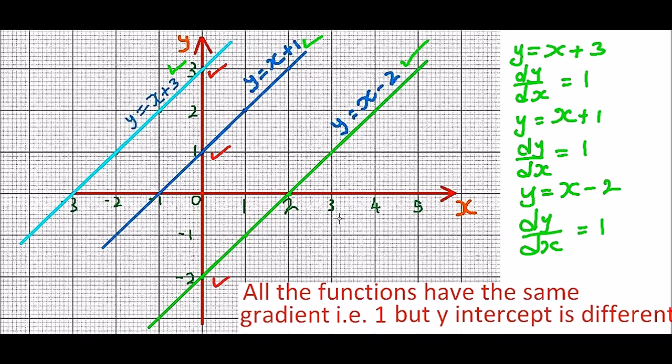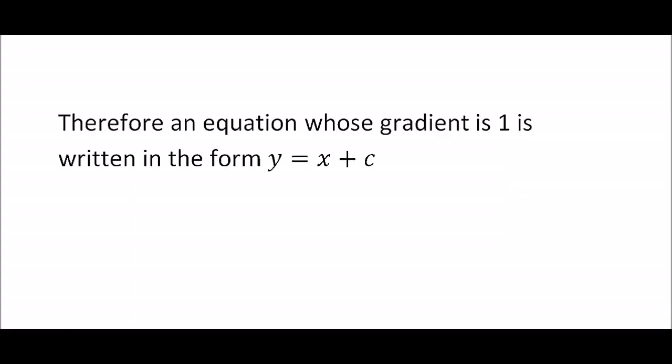So let's see how now we reverse this, that is we integrate this gradient and get the functions themselves. Therefore, an equation whose gradient is 1 is written in the form of y is equal to x plus c.